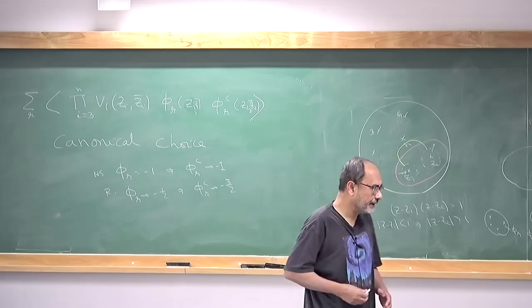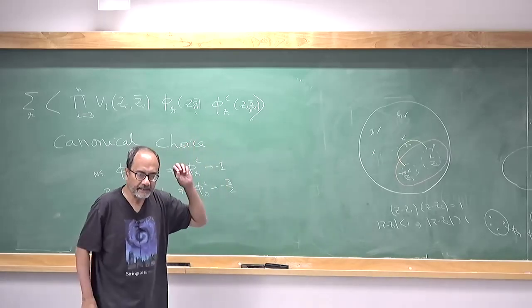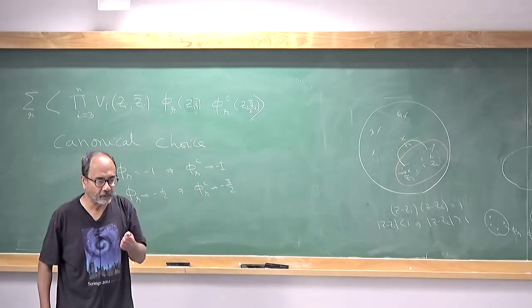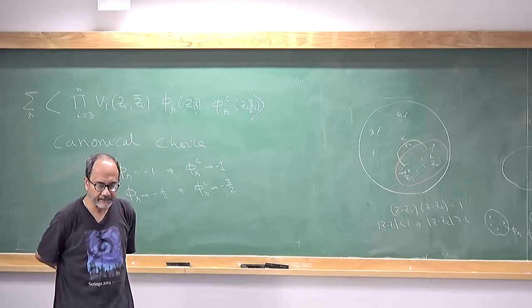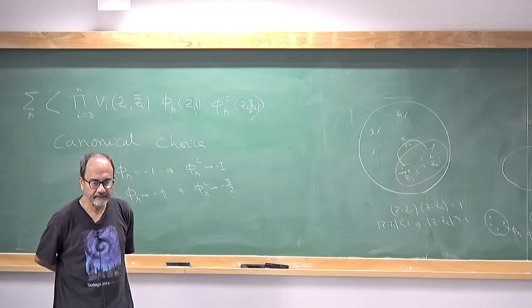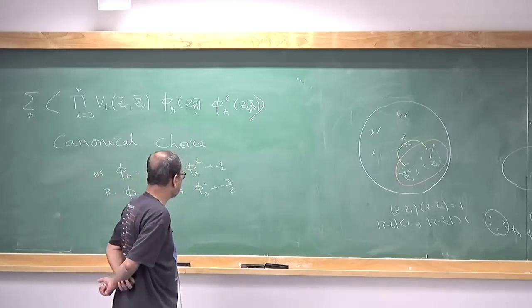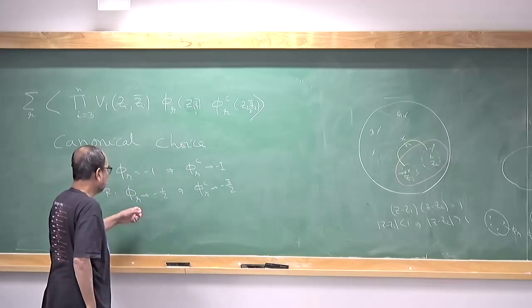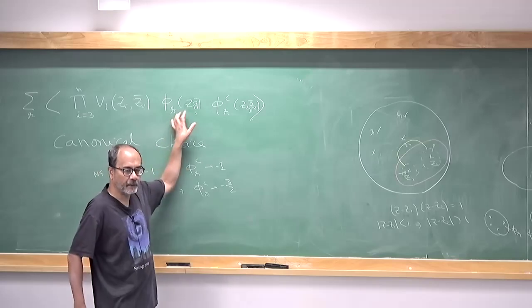So if you demand, for example, that at the location of the punctures the gamma should have a 0, then these are really the current standard choices. Because if you take any other choice, then you can make gamma vanish around one of them, but not around the other.